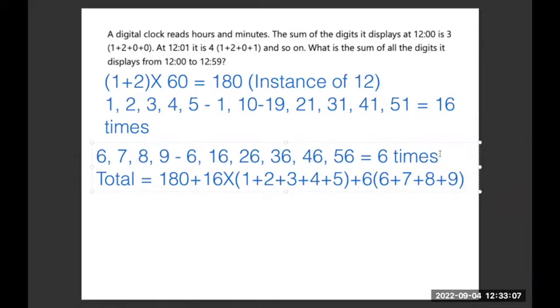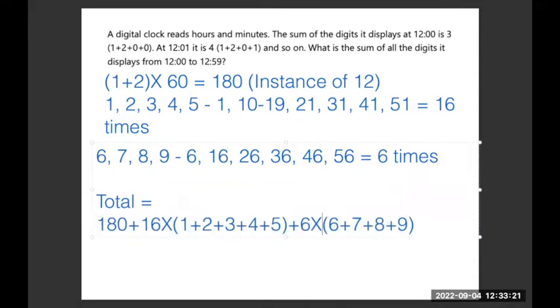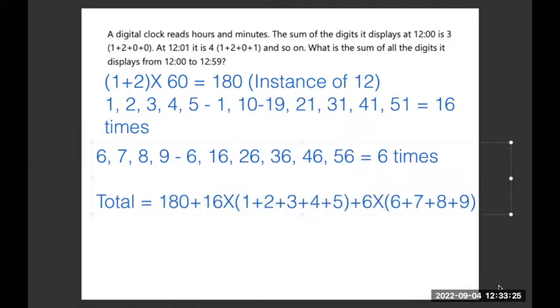Did everybody get the last formula which I wrote? Why did I write 180 plus 16 into 1 plus 2 plus 3 plus 4 plus 5 plus 6 into 6 plus 7 plus 8 plus 9? Does everybody get this last thing or no? You still are not clear with this?